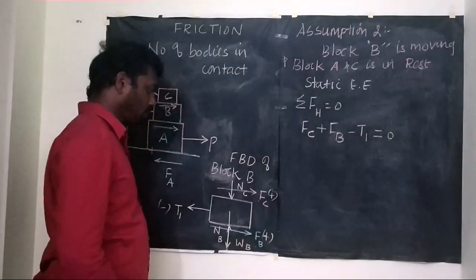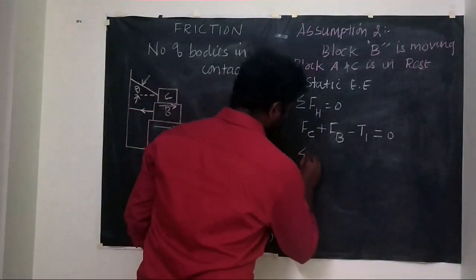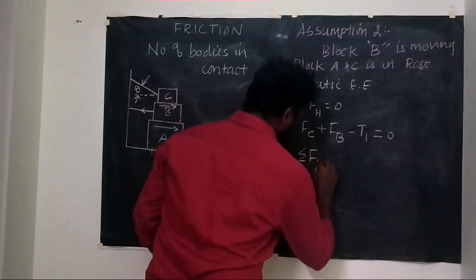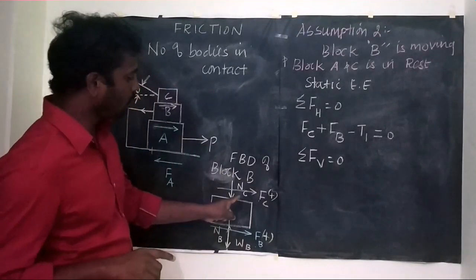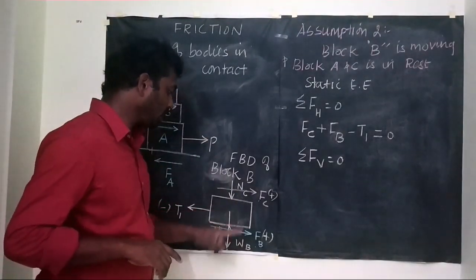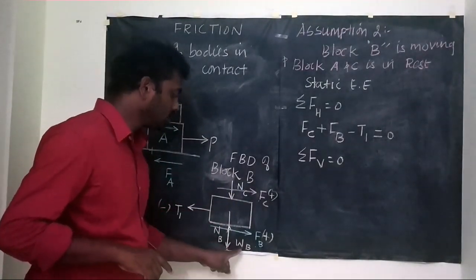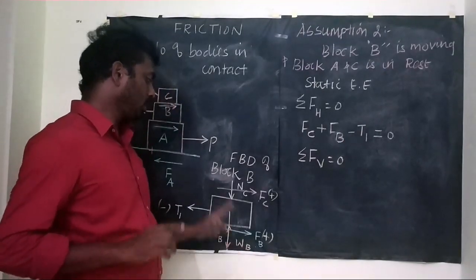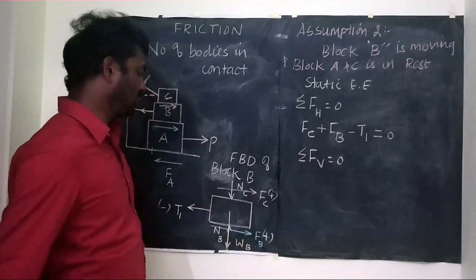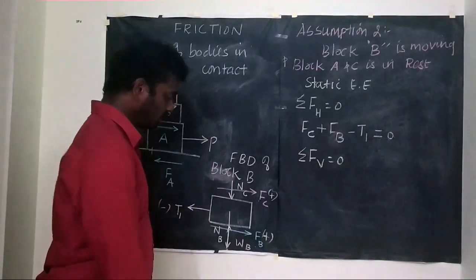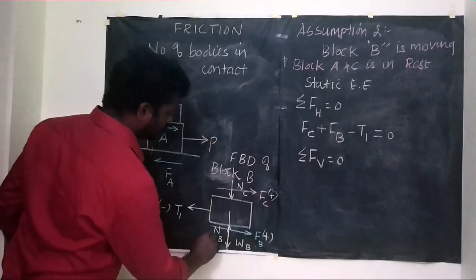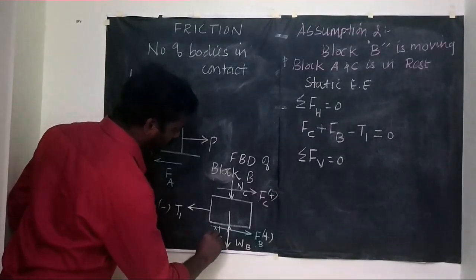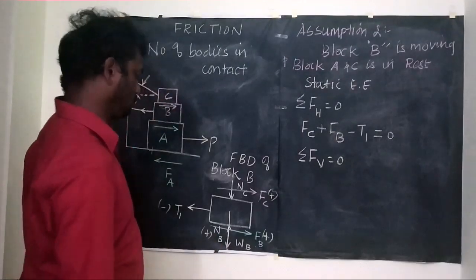Now I am going to equate the sum of vertical forces acting on the system equal to 0. In the system, the normal reaction forces NC and NB and the self weight of block B come in the vertical direction. Among these three forces, NB is acting upward, so only this comes in positive, the remaining come in negative.